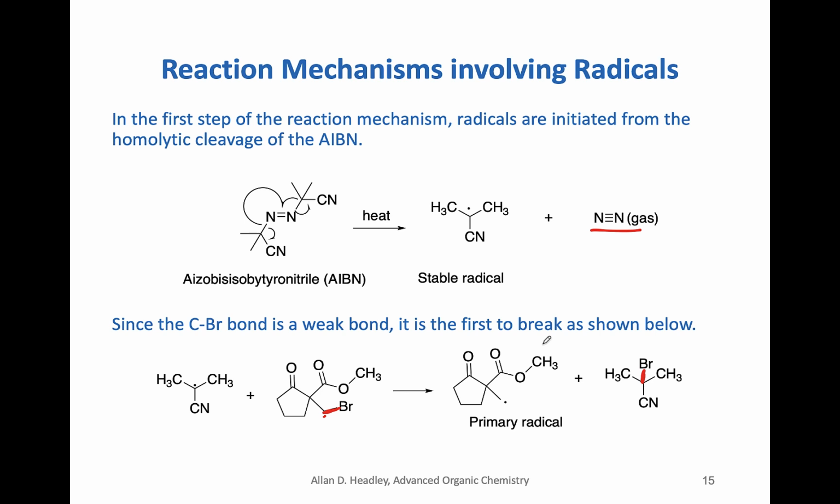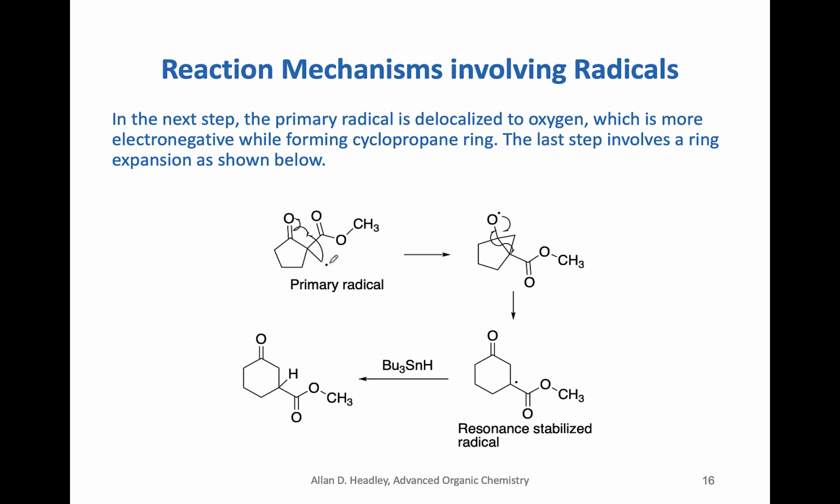As you can imagine, it's not stable, so it will do whatever it can to gain stability. Let's see what it will do. It will react to form a bond here and put the electron onto oxygen. So if this radical comes in here, one of these electrons comes here and the other one goes onto oxygen, we have here a cyclopropyl and this.